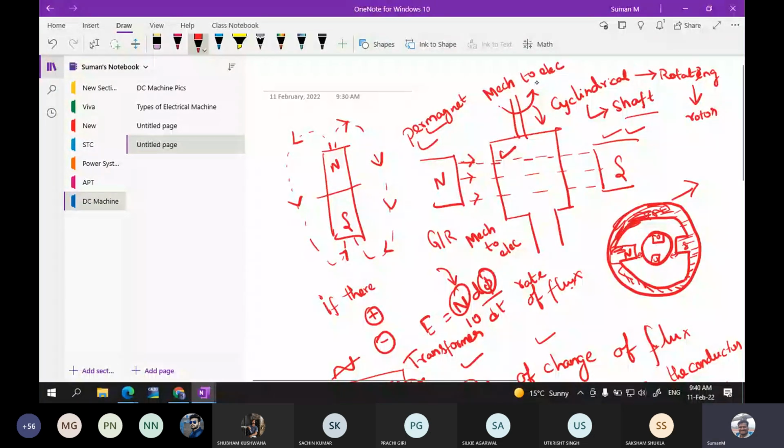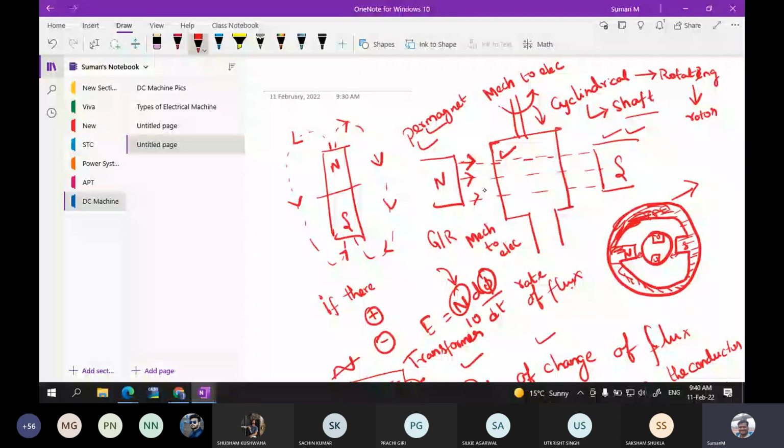So how do we get the electrical energy? This conductor, which is housed on the cylindrical structure, will see a rate of change of flux, because there is a fixed magnetic field which already exists because of the north pole and south pole.